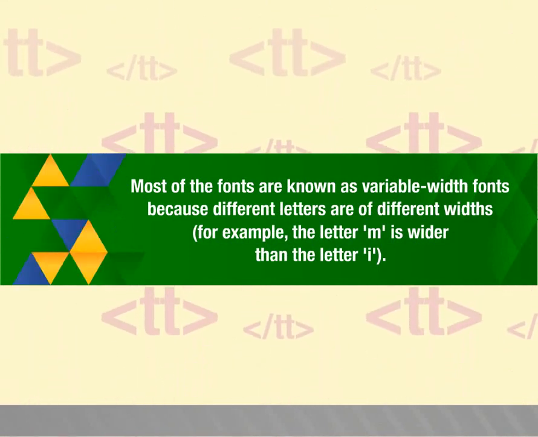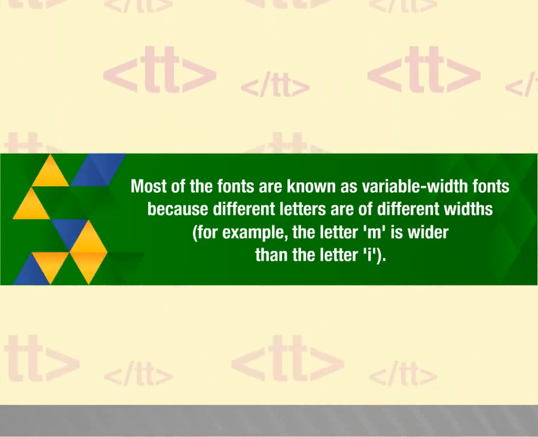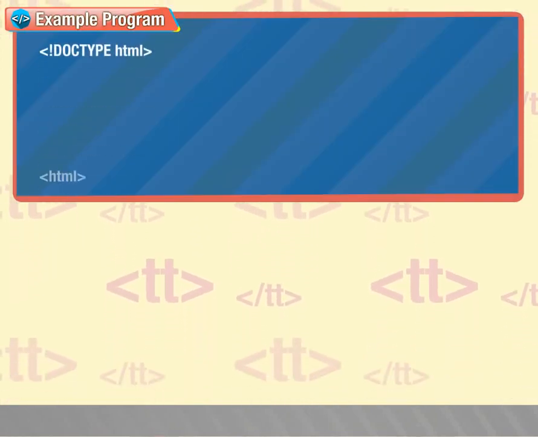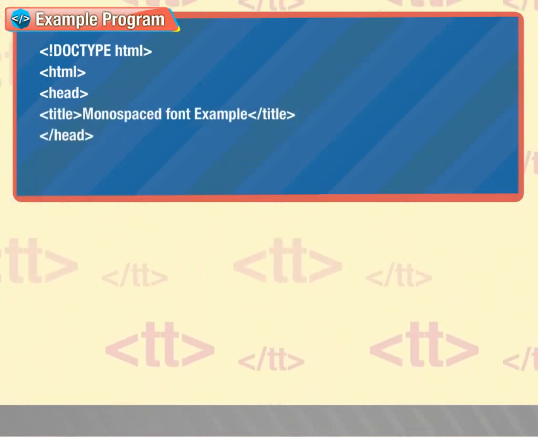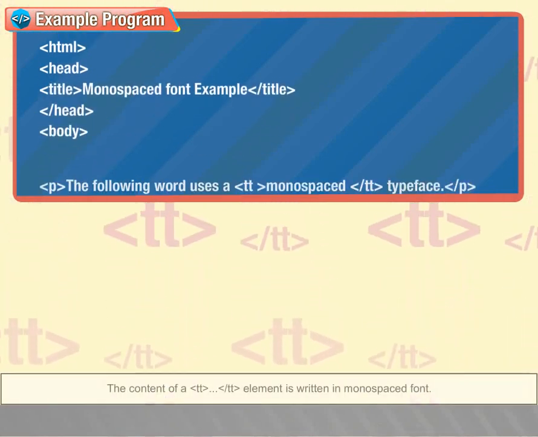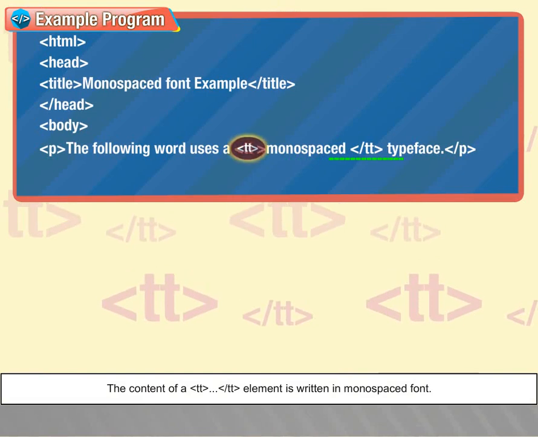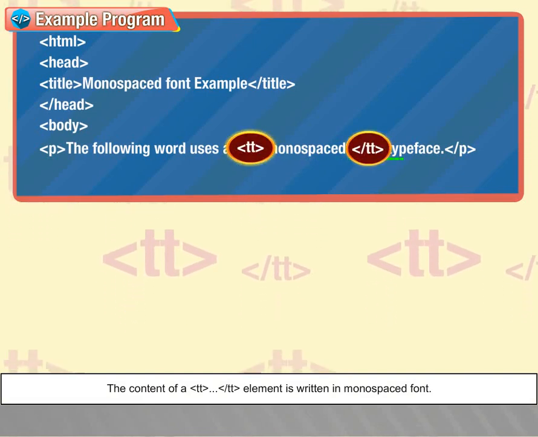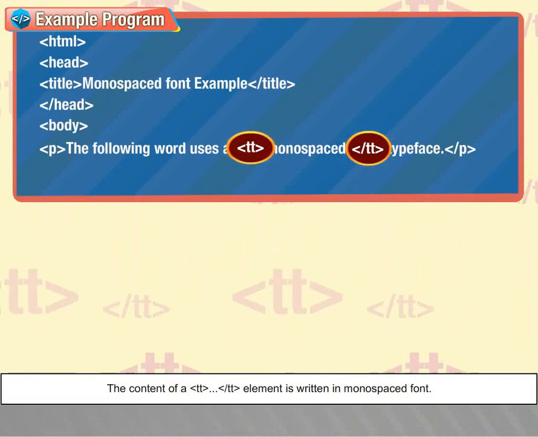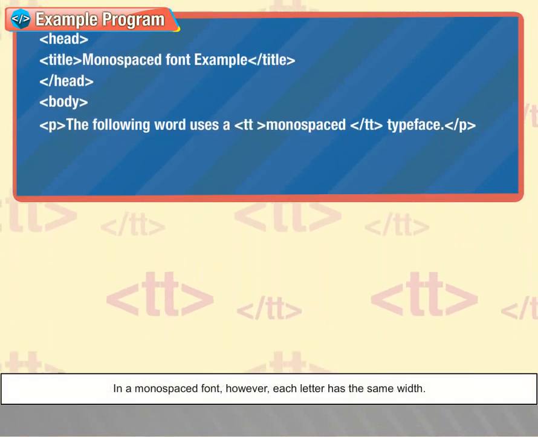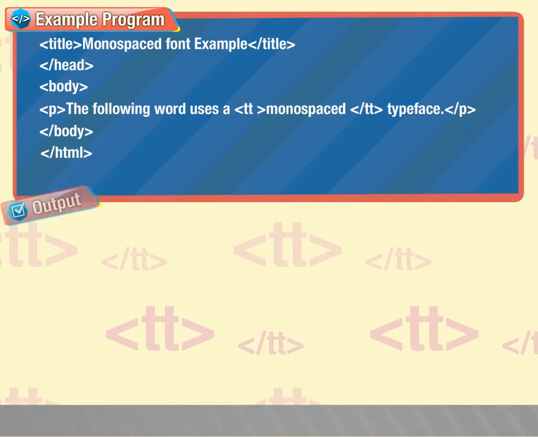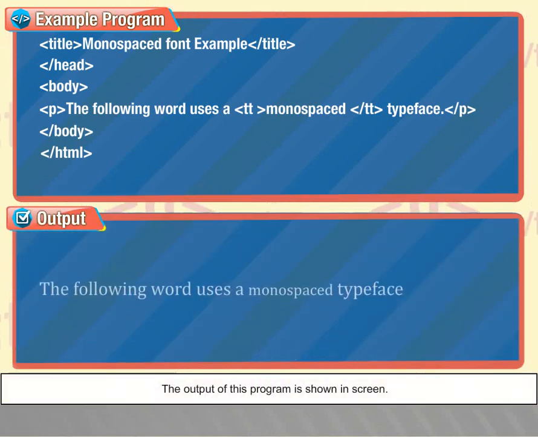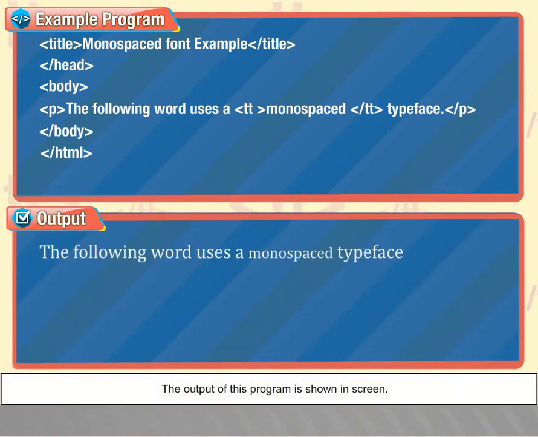For example, the letter M is wider than the letter I. The content of a TT element is written in monospaced font. In a monospaced font, however, each letter has the same width. The output of this program is shown on screen.